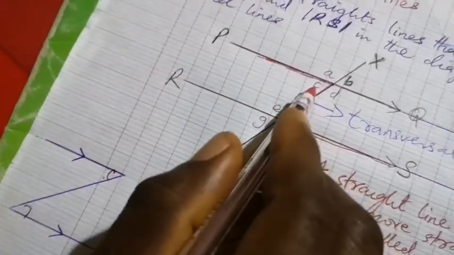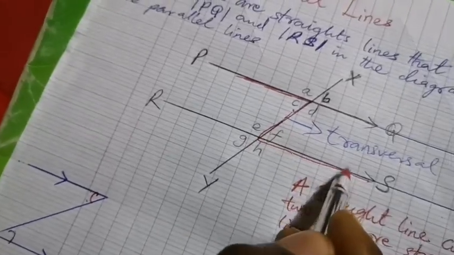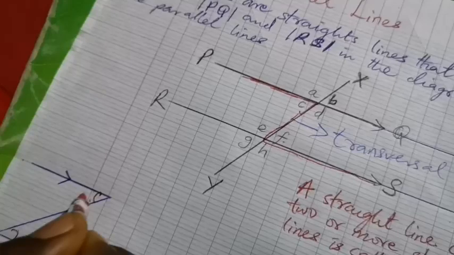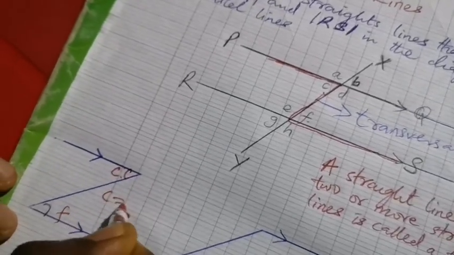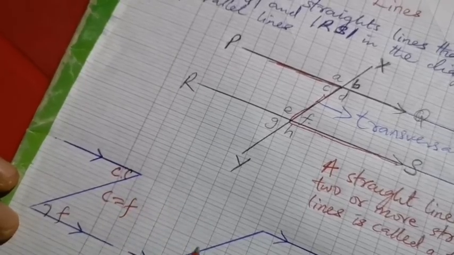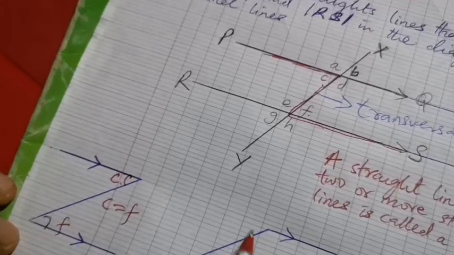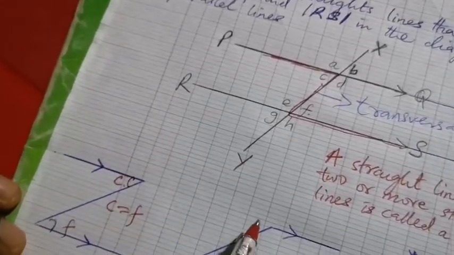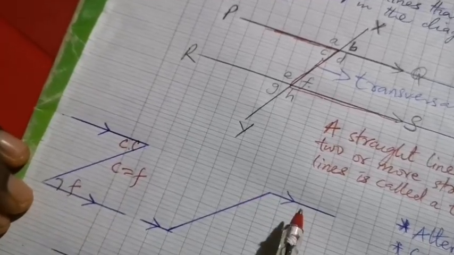Here we have C and F. So I have C here, then I have F here. It means that C is equal to F, and we say that alternate angles are equal. Anytime we trace out Z, the angles we can see in that shape are referred to as alternates, and alternate angles are equal.